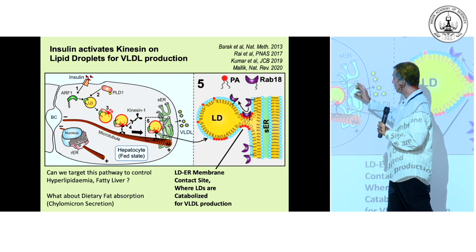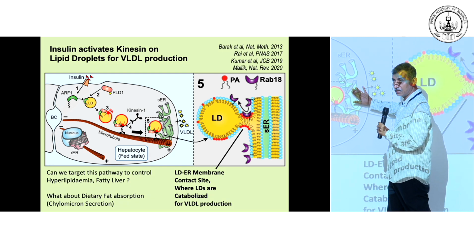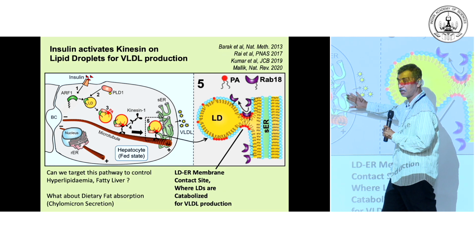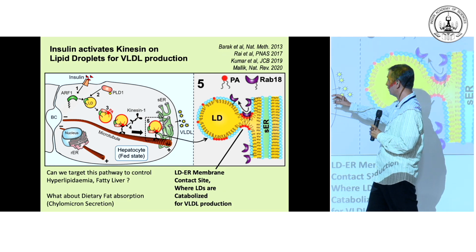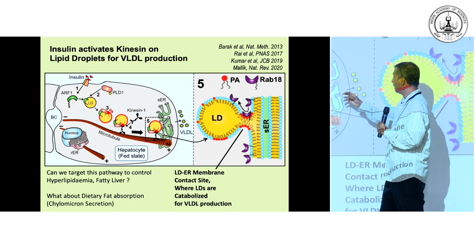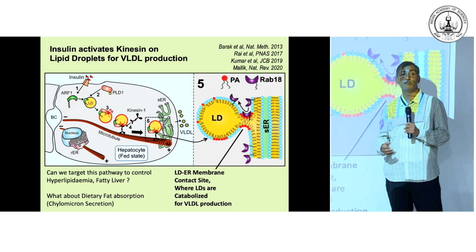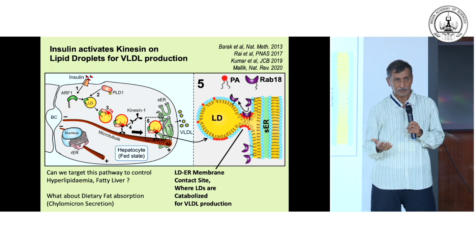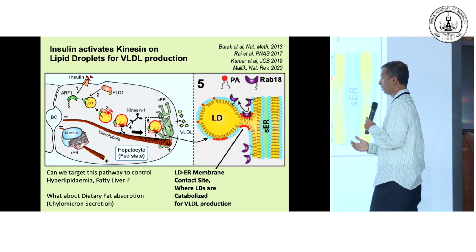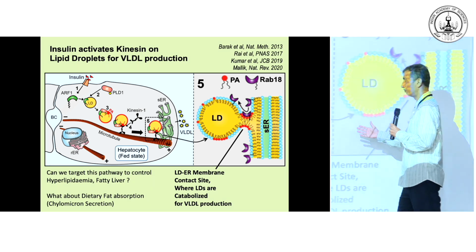So you use the lipases present in this smooth endoplasmic reticulum, which is at the periphery of the cell, to chew up these lipids and repackage them into something called very low density lipoproteins. These very low density lipoproteins are going to be secreted out from the liver.